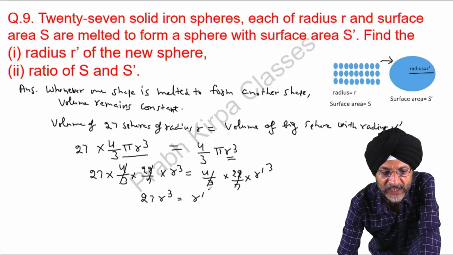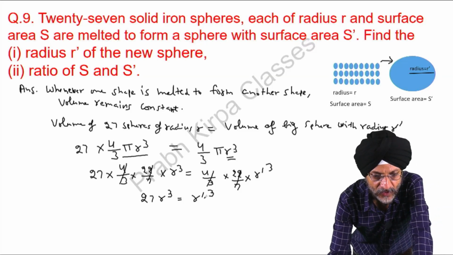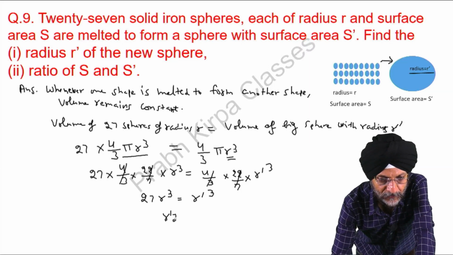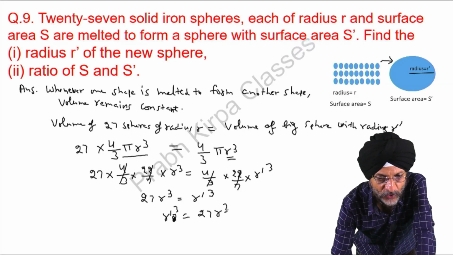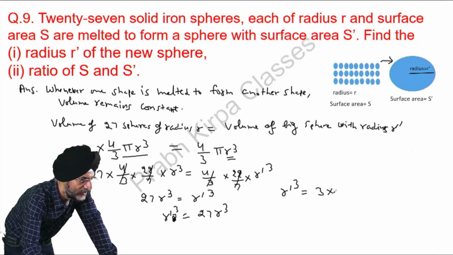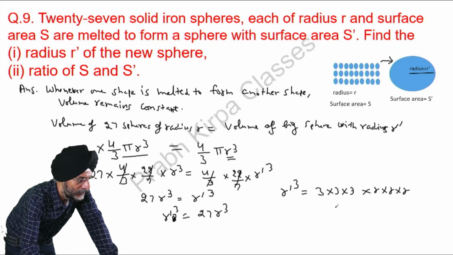So r dash cube is equal to 27 r cube. We can write it as 3 into 3 into 3 into r into r into r, or 3r whole cube. So r dash will be equal to 3r.